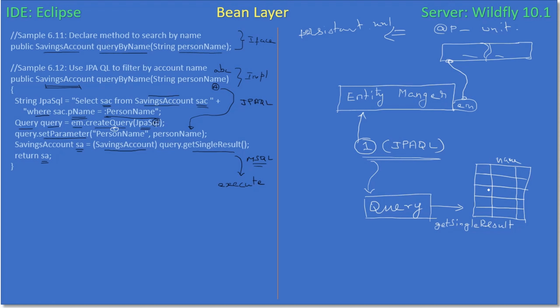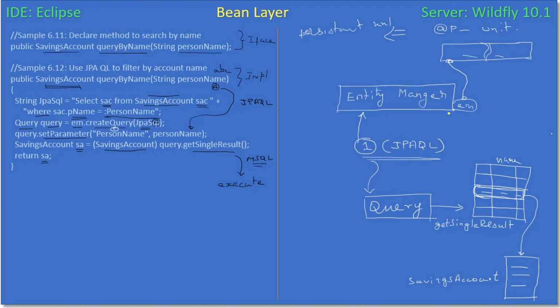Based on this name field it performs a scan and picks a record. Since we assumed the name is unique, it may find one record, and that record will get retrieved by the get single result, and the record will be transformed into a savings account entity. There are three fields: person name, person ID, and balance. That's all. Once we have savings account, we will return it to the caller.